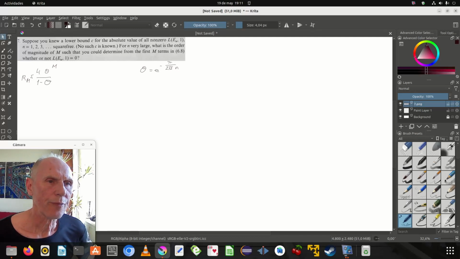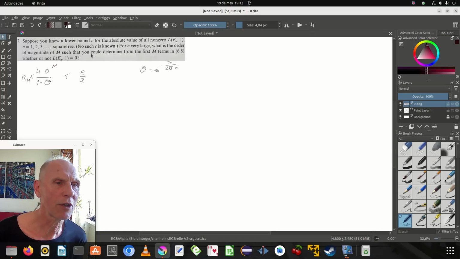And if we require this to be larger than epsilon halves, then it will either be above epsilon half or below. If it's below, then it must be 0, and if it's above, then it must be non-zero.